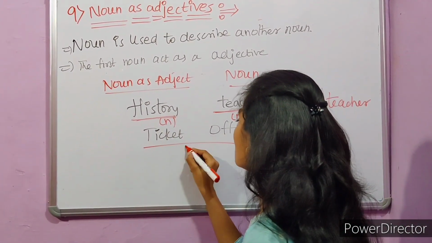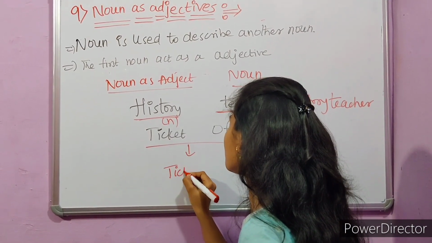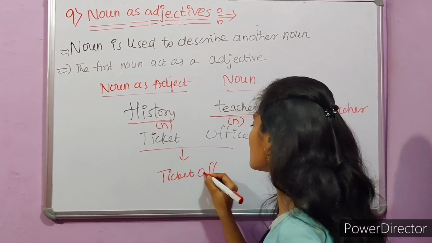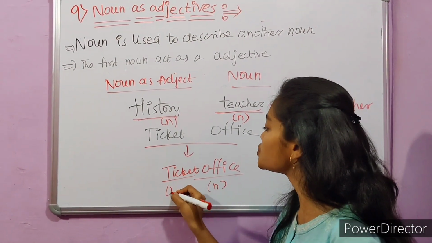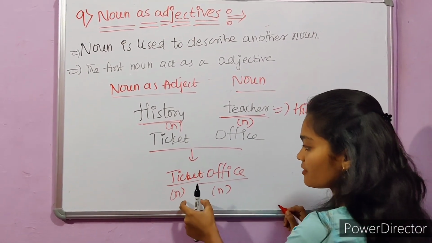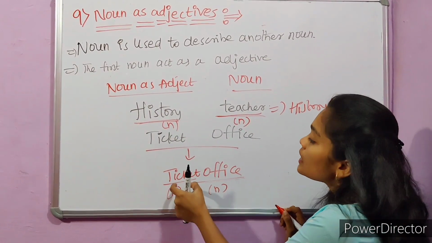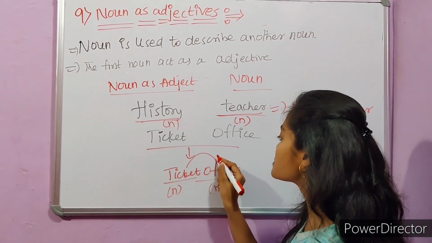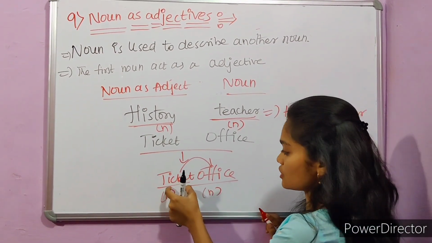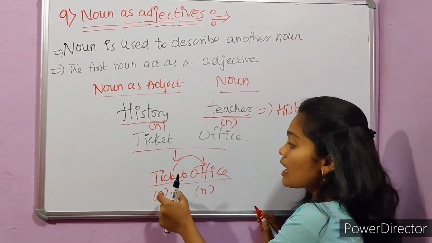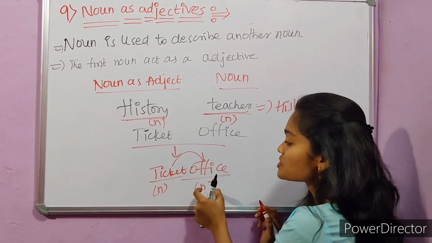Again, ticket, office. Here office is a noun and ticket is also a noun. But if we write like this, ticket office, this ticket describes the noun office. So it acts as an adjective. Though it is a noun, it describes the noun office.